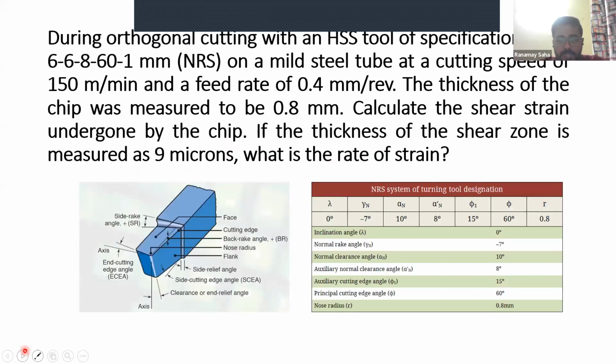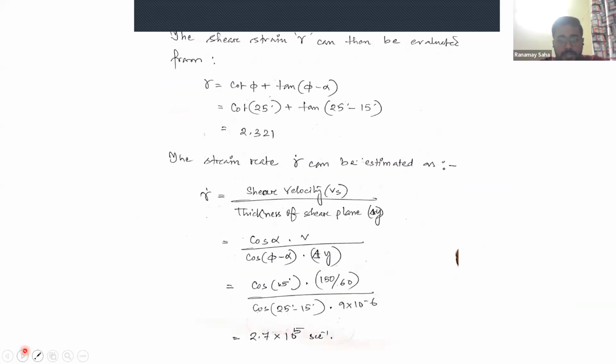So you put it back here as V into cos of alpha divided by cos of phi minus alpha. This is nothing but the shear velocity Vs. And this is the shear plane thickness, which is given as 9 microns. So just plug in the values and find the shear strain rate to be 2.7 times 10 to the 5 per second. I hope it is clear.